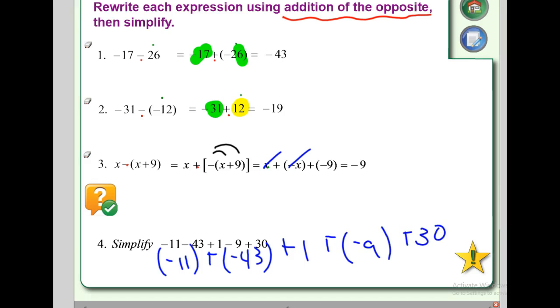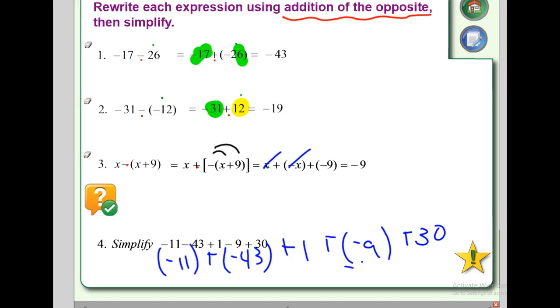Now, I know some of you could do this in your head, but let's see how that works for us. I'm going to put all the negatives together. So, we've got -11 and -43, which is going to give me -54. Then -54 plus -9 is going to give me -63. I'm going to write it over here.